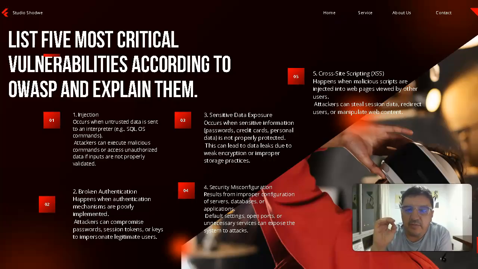Third, sensitive data exposure occurs when sensitive information, such as passwords, credit cards, and personal data, is not properly protected. This can lead to data leaks due to weak encryption or improper storage practices.